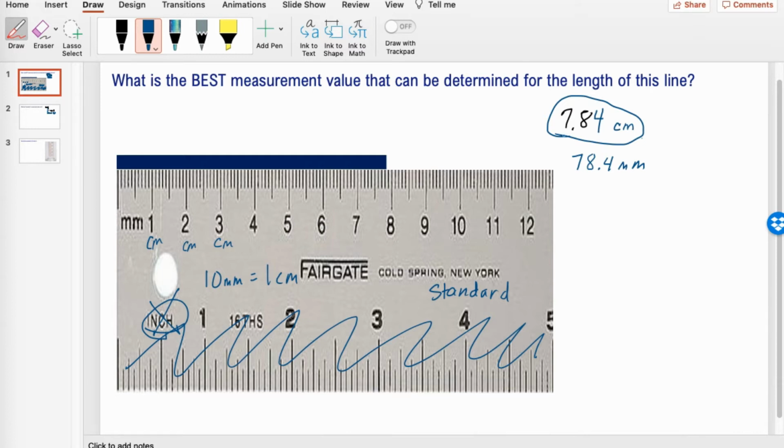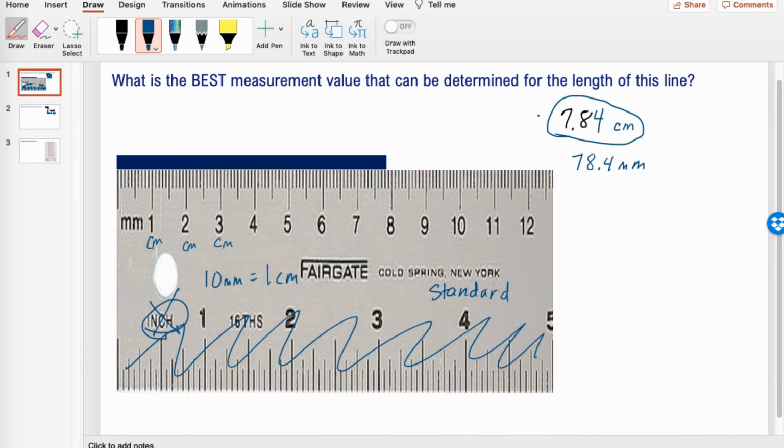We just say, hey, I'll pick you up in a few miles. There's over 5,000 feet in a mile, right? So we just basically speak in miles and say, hey, I'll pick you up in about 3.5 miles. So instead of saying, hey, how tall are you? Well, you're 72 inches tall, we say you're 6 feet tall. So for that reason, that should make sense why we're going with 7.84 centimeters.